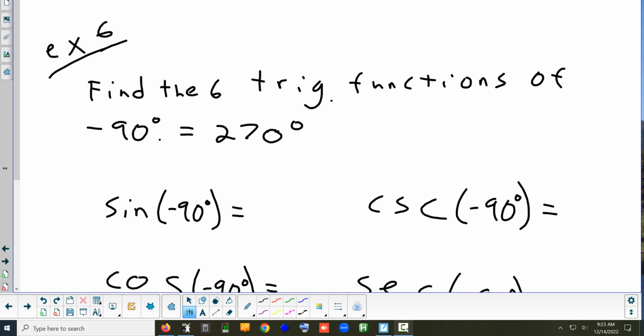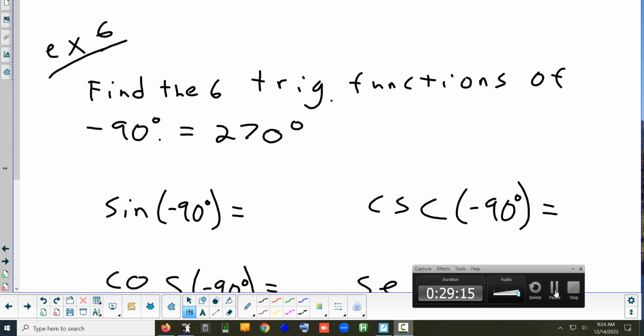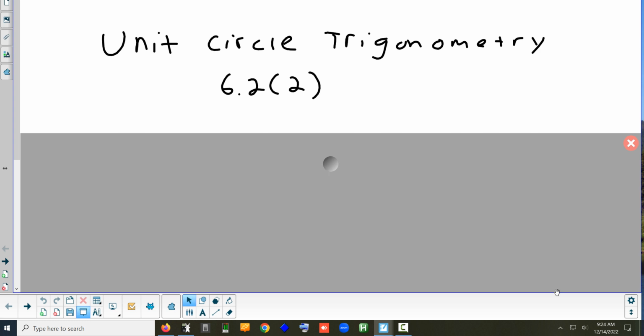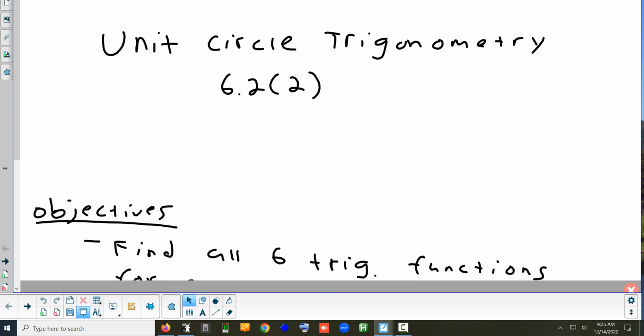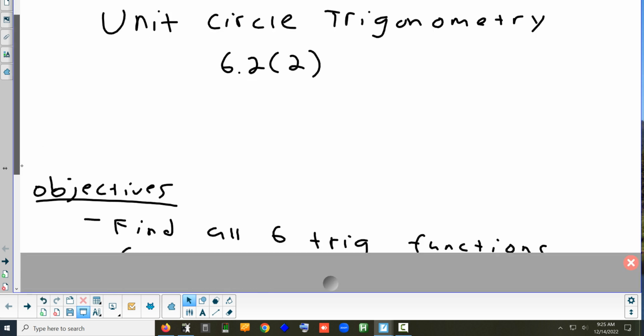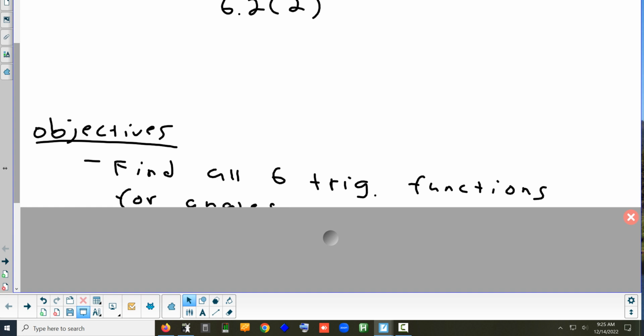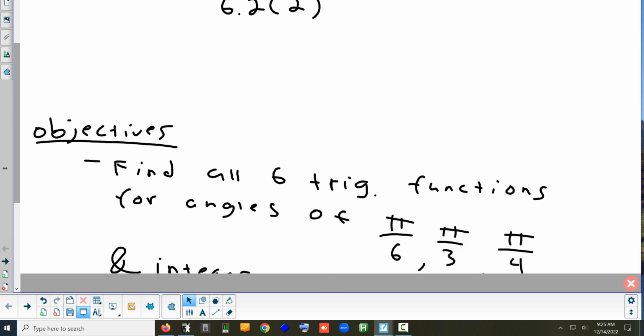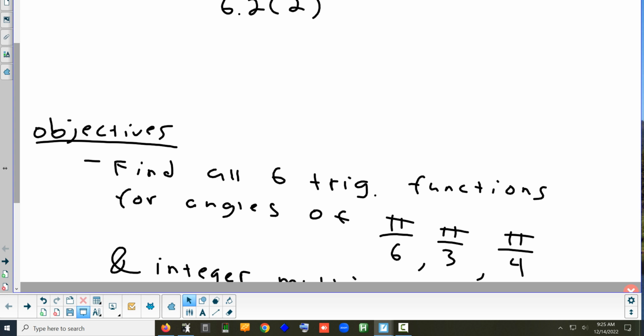Okay, so let me pause that for a second. The last part of section 6.2 is going to focus on angles besides the quadrantal ones. We've already found the 6 trig functions for 0s, 90s, 180s, and 270s. What we're going to look at now is finding the 6 trig functions of 30s, 60s, and 45s.